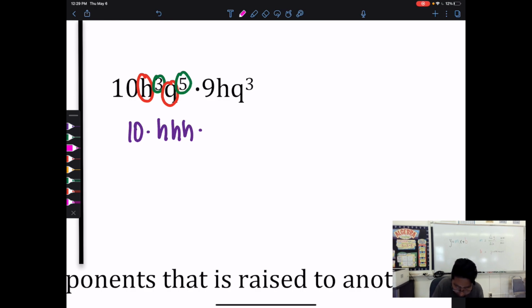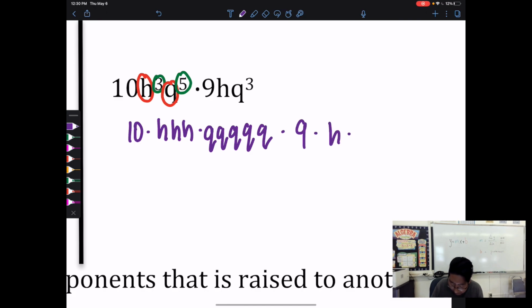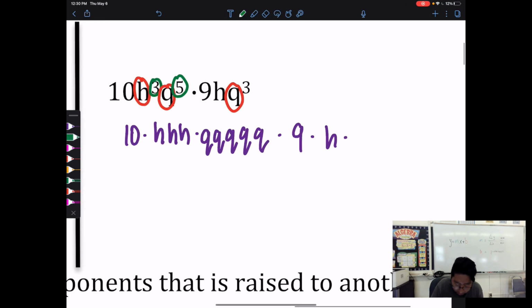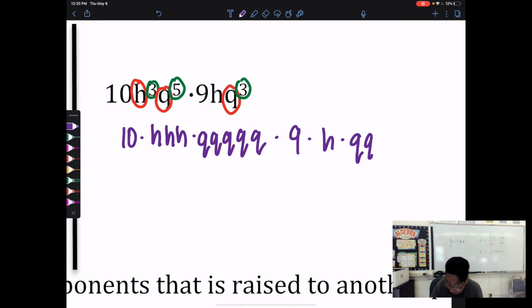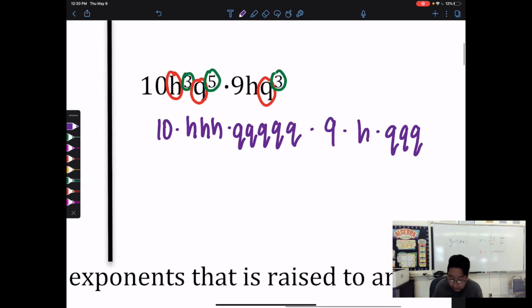We have 1, 2, 3, 4, and 5. Times 9 times h times, and right here we have another exponent, q to the third power. So we're going to expand q to the third power. So we expanded. Next, we need to reorder.